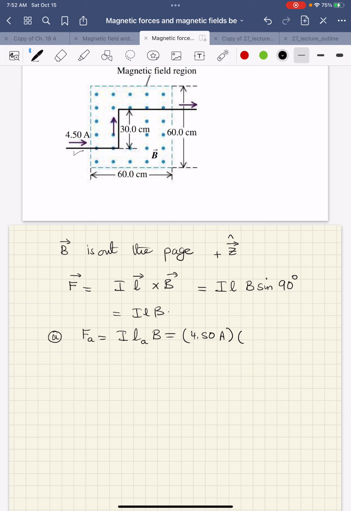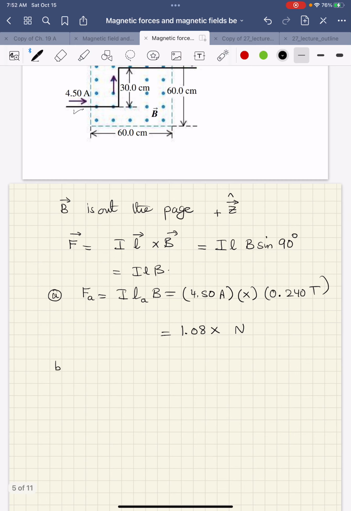Then I'm going to call it x, and this is 0.24 because this length was not given, times 0.240 Tesla, and that is going to be 1.08x in newtons.